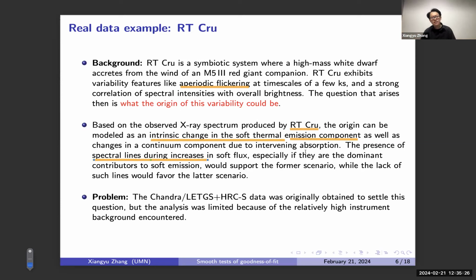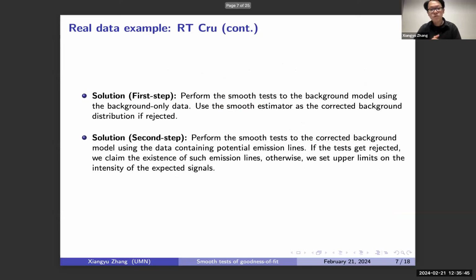But the problem is that our data set has some high instrumental background. This is the data set we use, and it meets some high instrumental background problems. To solve this, we have already introduced enough tools. For the first step, we perform the smooth test on the background model.